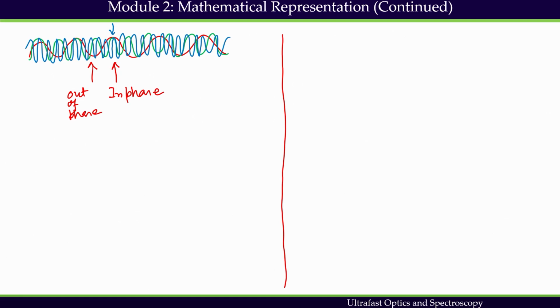Due to this interference, what we are plotting here is the electric field versus time. Similarly, the resultant field can be shown this way. This dotted line is just to guide our eye. So, what we see is that the resultant field is varying like this, which is nothing but a pulse.